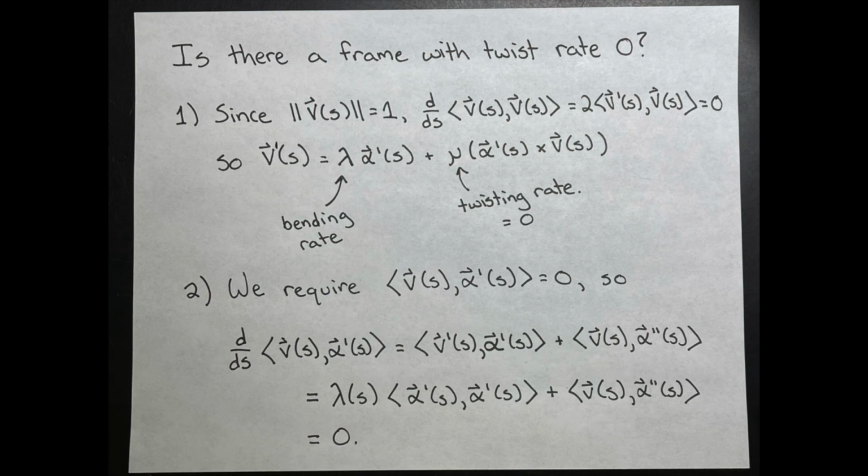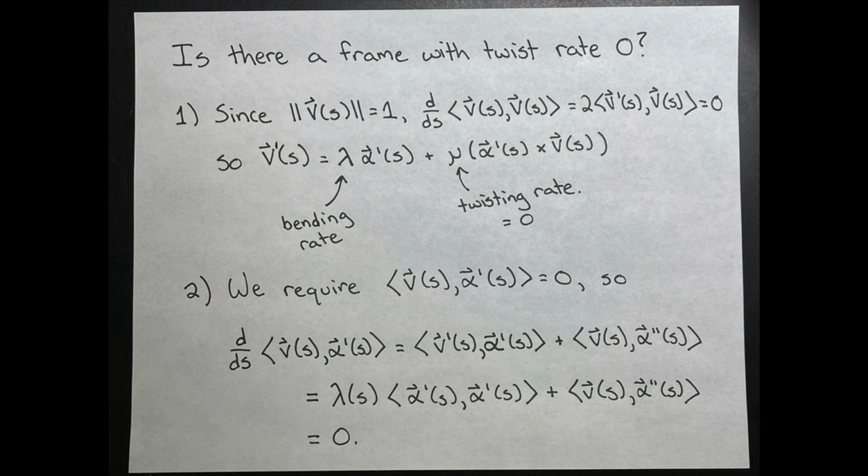Let's differentiate this relation and see if we get anything useful. The derivative of that dot product is v prime dot alpha prime plus v dot alpha double prime. But we already know that v prime is lambda times alpha prime.